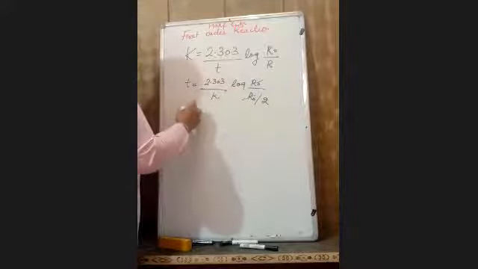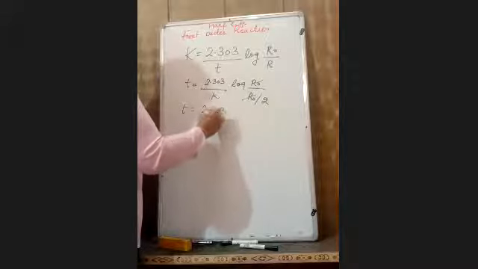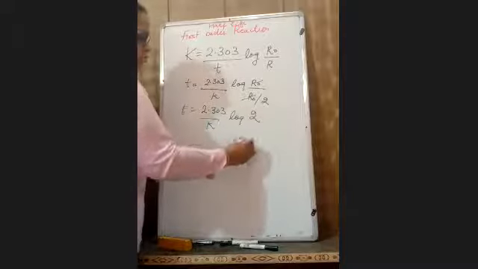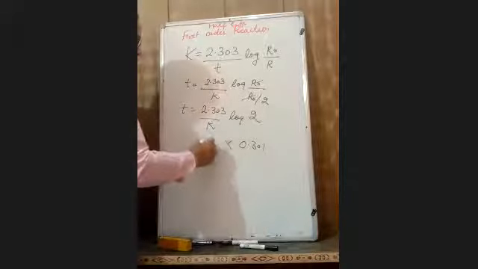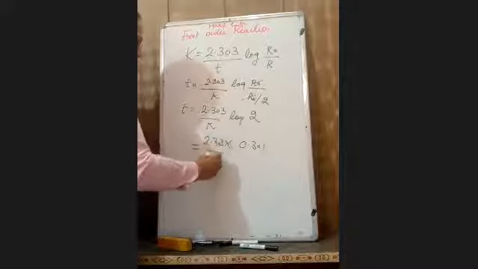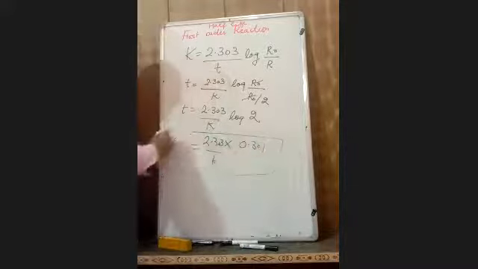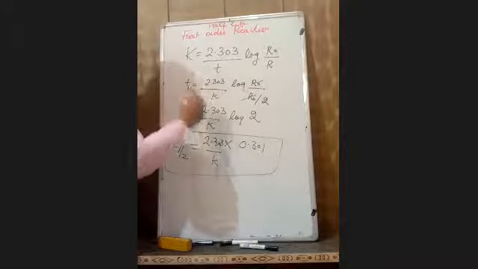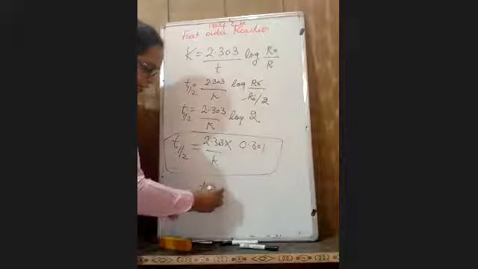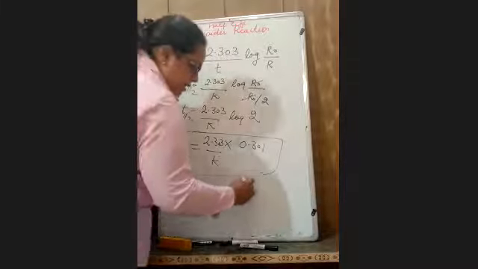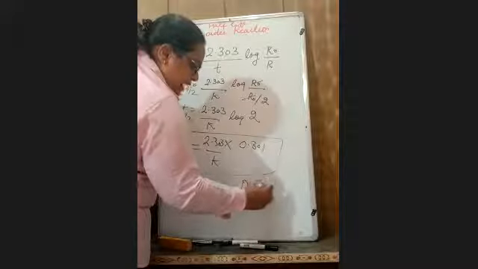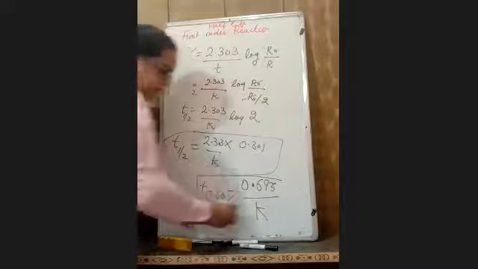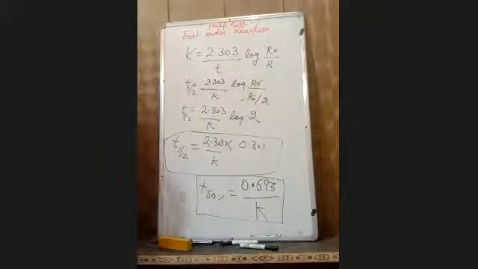Just put the value of log 2. Log 2 is 0.301, into 2.303 over K, which is equal to T half for first order reaction, which is 0.693 over K. This is the conclusion.